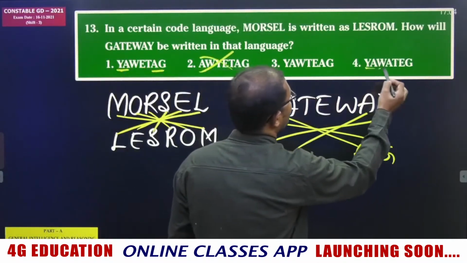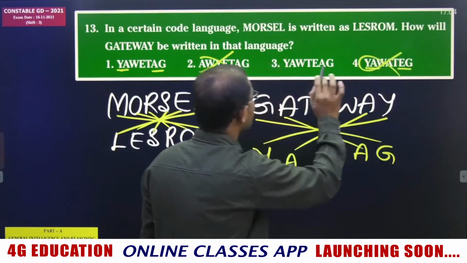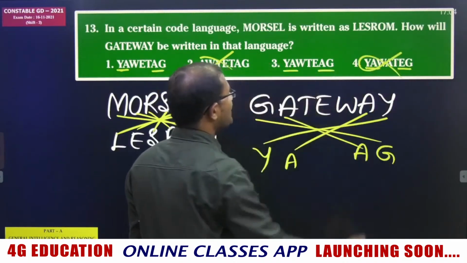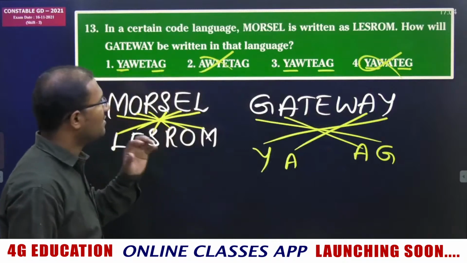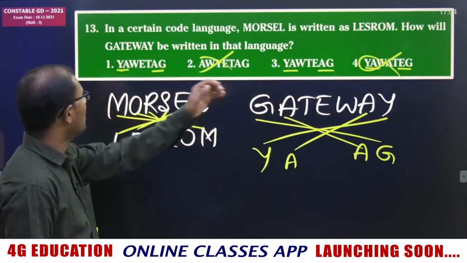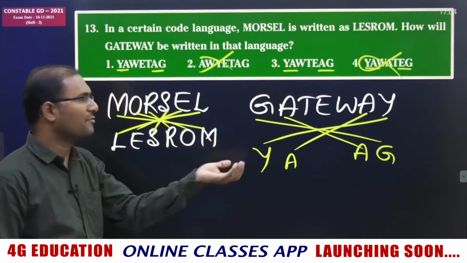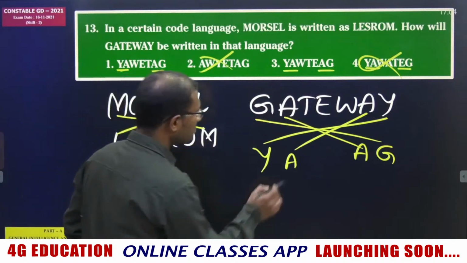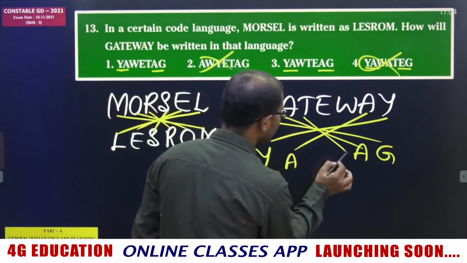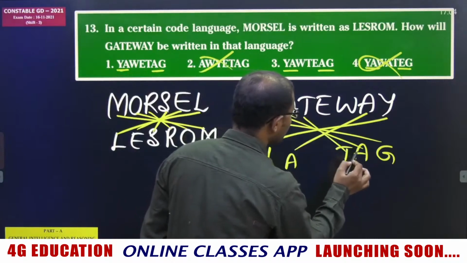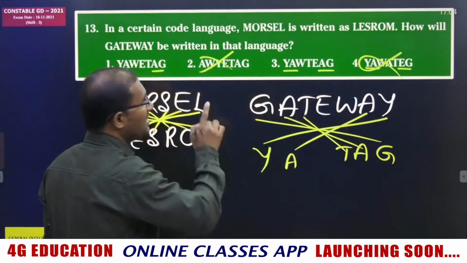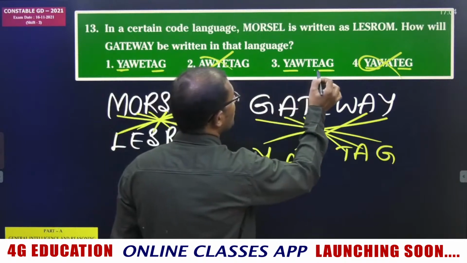So YA, AG, no. In these 2 options, the first 2 letters and last 2 letters are okay. The order is correct. Now we'll try to find out the third letter from the right hand side. What would be the third letter from the right hand side? Definitely T. It should be T. Now in how many options do we have T in the third place?